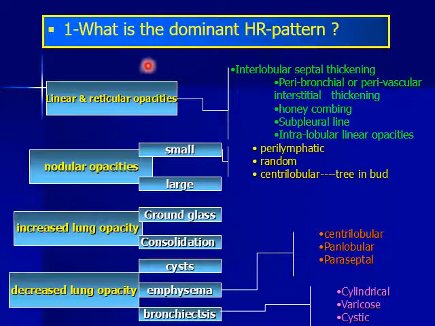Number 1, what is the dominant pattern? Is it linear, nodular, increased opacity, or decreased lung opacity? And which is the predominant subtype in each category? Okay, because each one of these has a list of differential diagnoses.